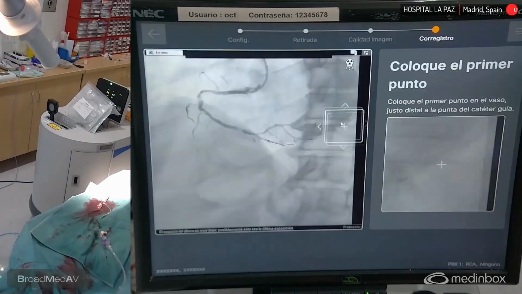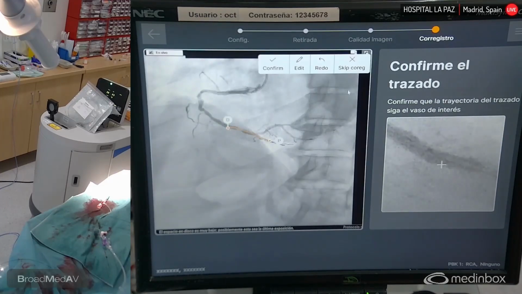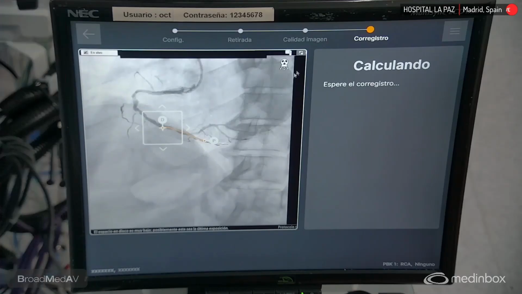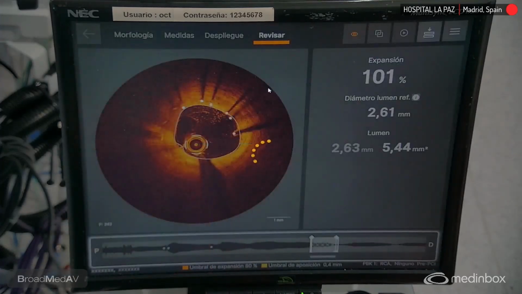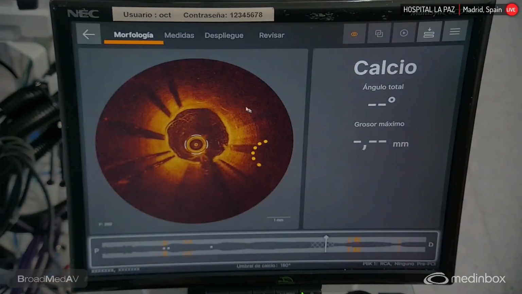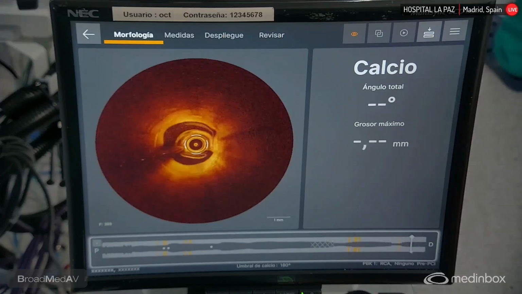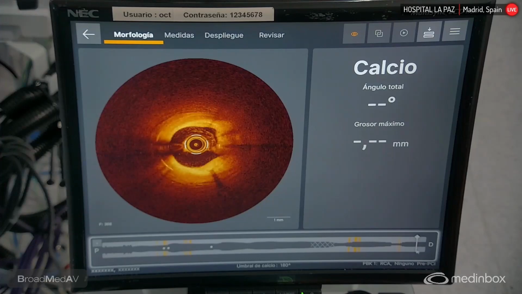I go there to review the image with you, Danny. Es al revés, proximal a distal. Let's review the pullback from distal.